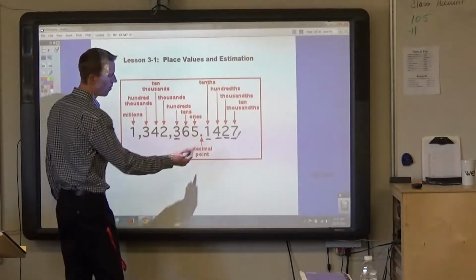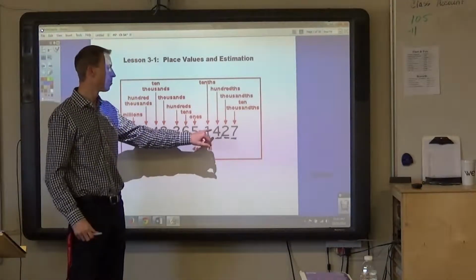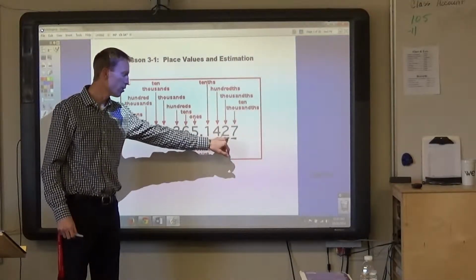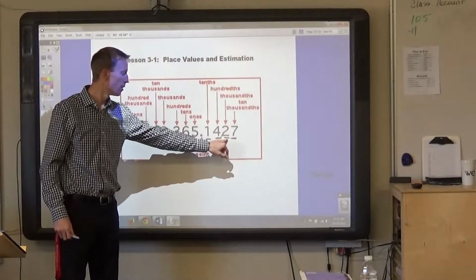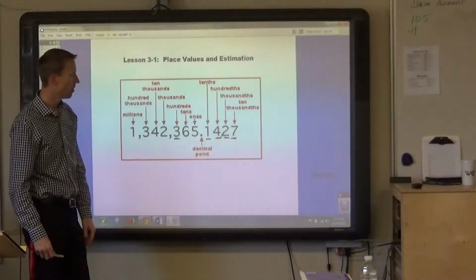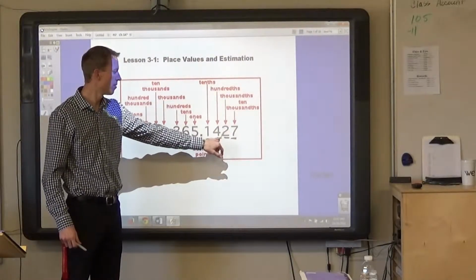Let's say that we're going to round this to the nearest hundredth. If you look at the number behind the hundredths place, you look at the 2. The 2 is less than halfway to the next hundredth. It's closest to 4 hundredths.